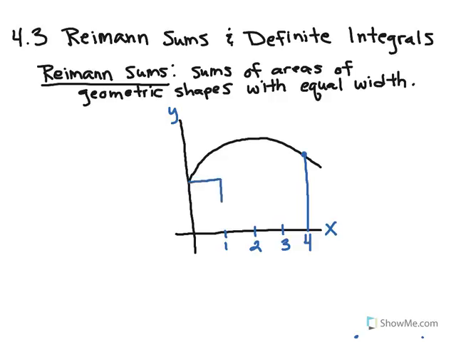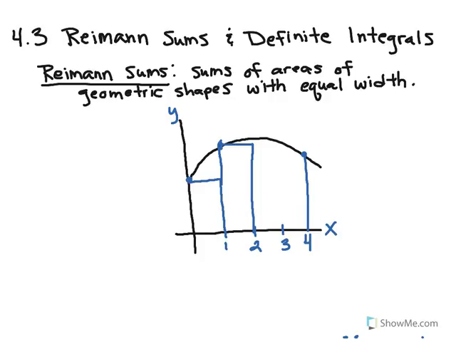Here is one of them. Now I have to start with an endpoint on my function. That's really important. Now I'm going to make the next rectangle by continuing this line upwards until I hit my function, so I have my next endpoint. Carry that across and down, and that makes my next rectangle.